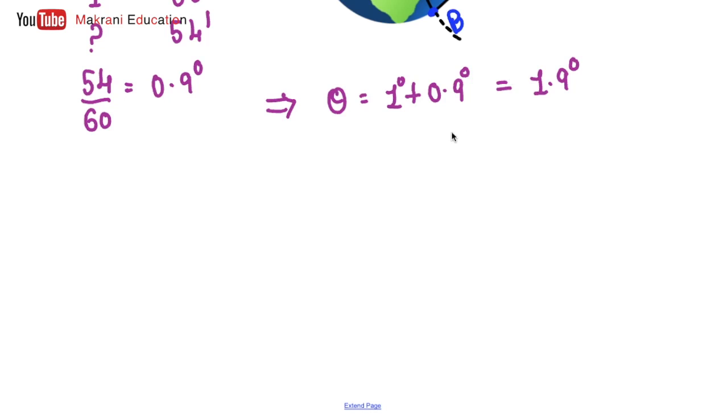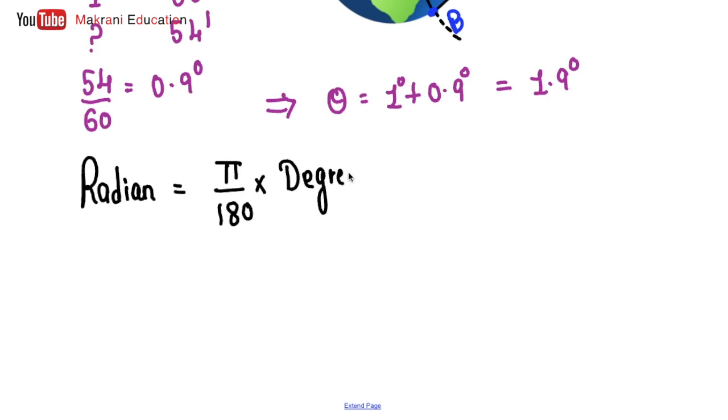Now I need to convert this degree into radian. I know that radian is equal to pi by 180 into degrees. So for my radian I have pi by 180 into 1.9.